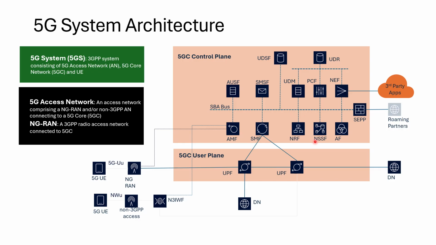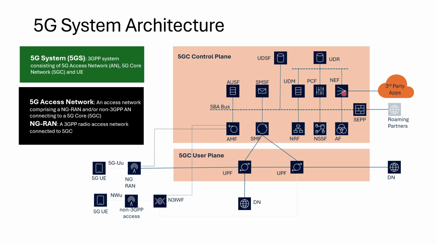Then we have the NRF, that is the network repository function. You can think of it as a service registry. In a dynamic cloud environment where containers spin up and down, an NF may query the NRF to discover the IP addresses and available services of other NFs.